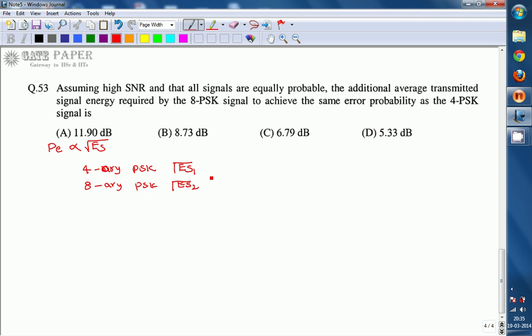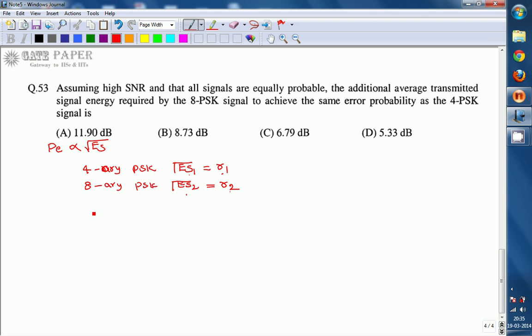That root ES1 is considered as R1 and root ES2 is considered as R2. Those are the radii, or distance from the origin to any point on the circle. These are the energies corresponding to the 4 array PSK and 8 array PSK.